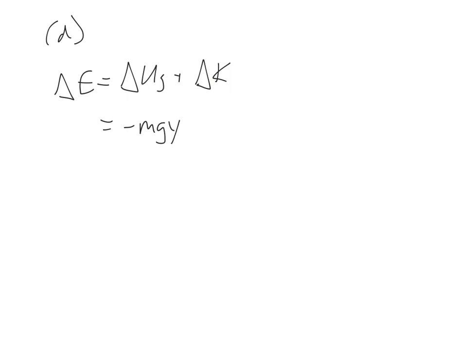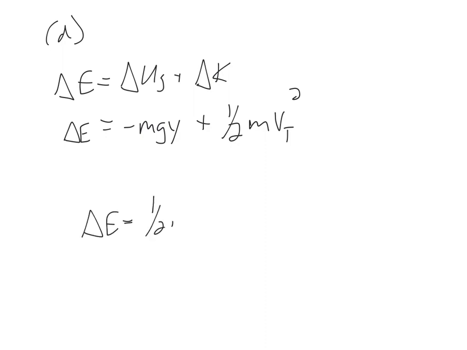Should be negative mgy, because you're losing potential, but you're gaining kinetic. But you're only gaining kinetic up until it reaches this terminal speed. So this is pretty much it. You can even rewrite it so it looks like 1/2 mvt squared minus mgy.